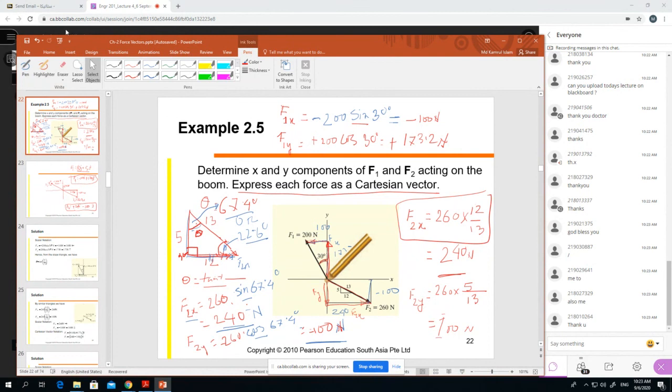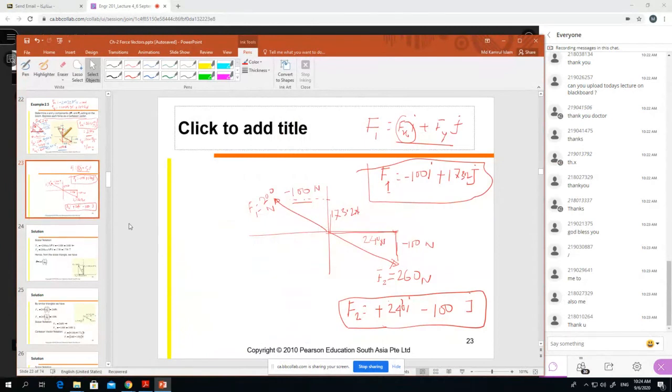Tell me the formula of tan. Tan theta equal to what?